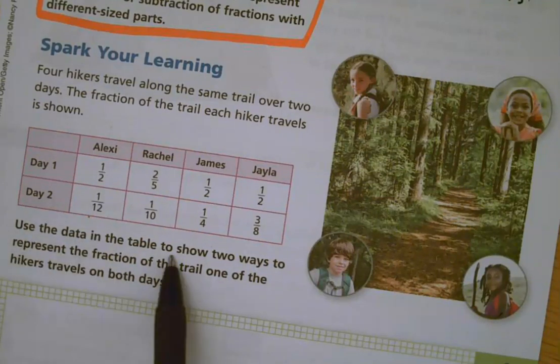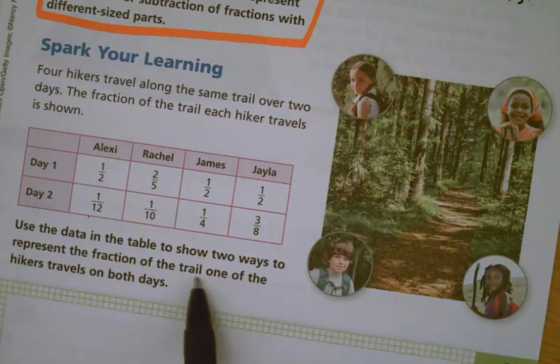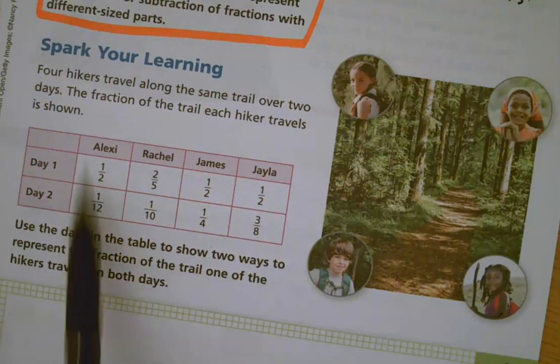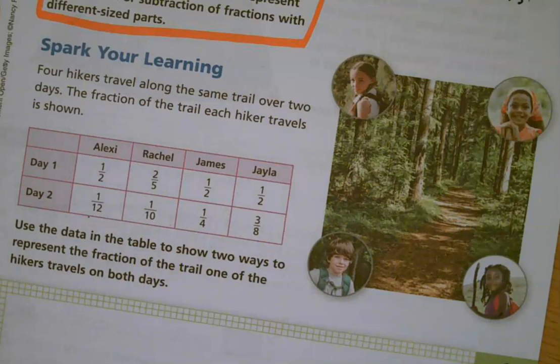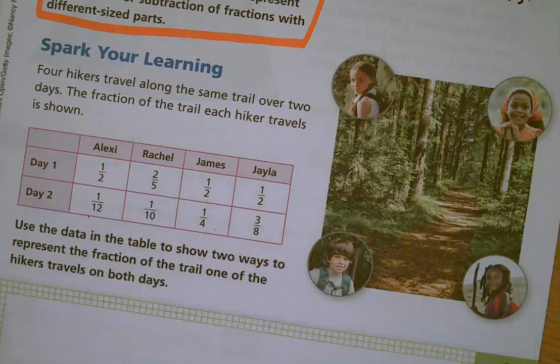Use the data in the table to show 2 ways to represent the fraction of the trail one of the hikers travels on both days. So we're going to pick one of these hikers, and we're going to represent the fraction of the trail that they traveled altogether.